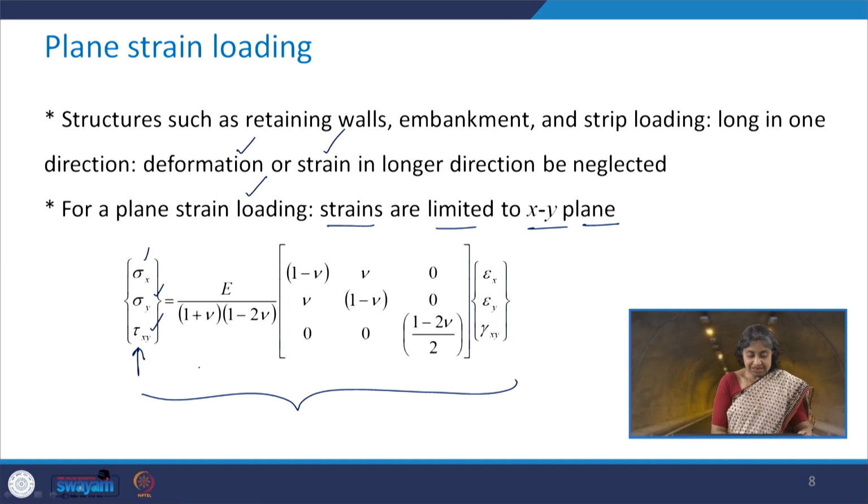You can see that sigma x can be written as E by 1 plus nu into 1 minus 2 nu, into 1 minus nu into epsilon x plus nu into epsilon y. Likewise, you can represent sigma y as well as tau xy in terms of the corresponding strains.